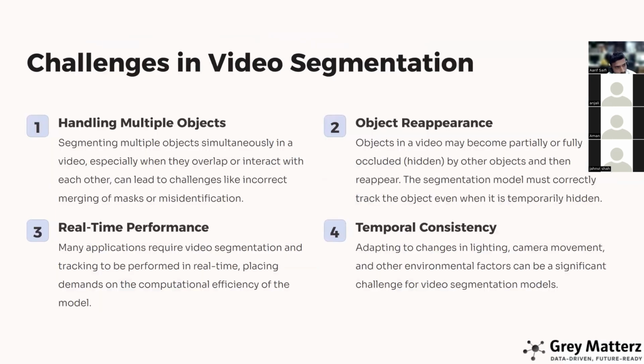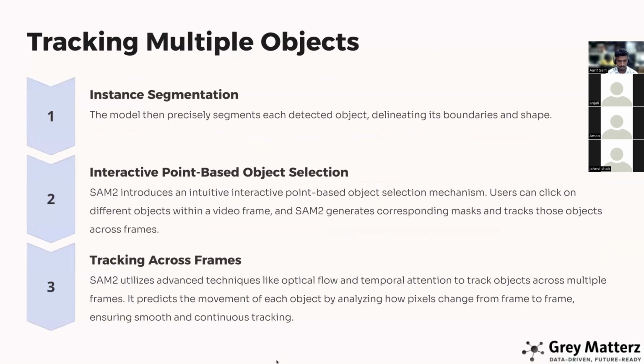Now, the next thing is challenges in video segmentation. Of course, no model is without its challenges. Video segmentation comes with a set of hurdles, including handling multiple objects, especially when they overlap or interact with each other. Another is keeping track of objects that temporarily disappear from the frame.